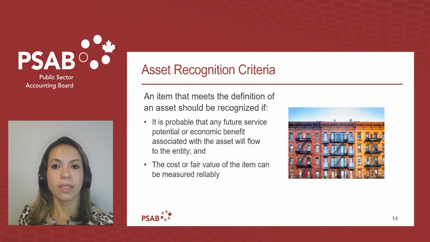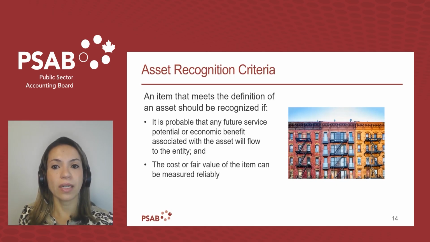The concept is in keeping with the uncertainty that characterizes the environment in which an entity operates. Probable means that an inflow of resources is more likely than not to occur. That is, the probability that the event will occur is greater than the probability that it will not.